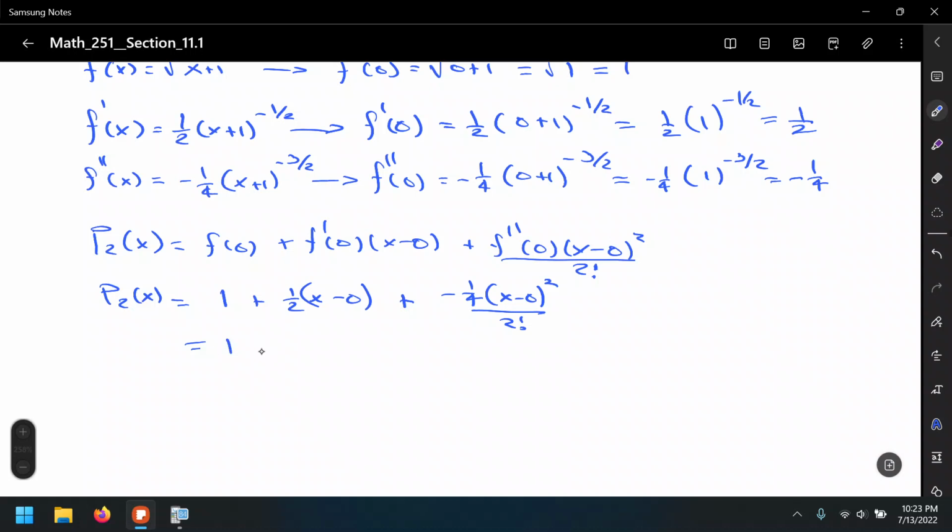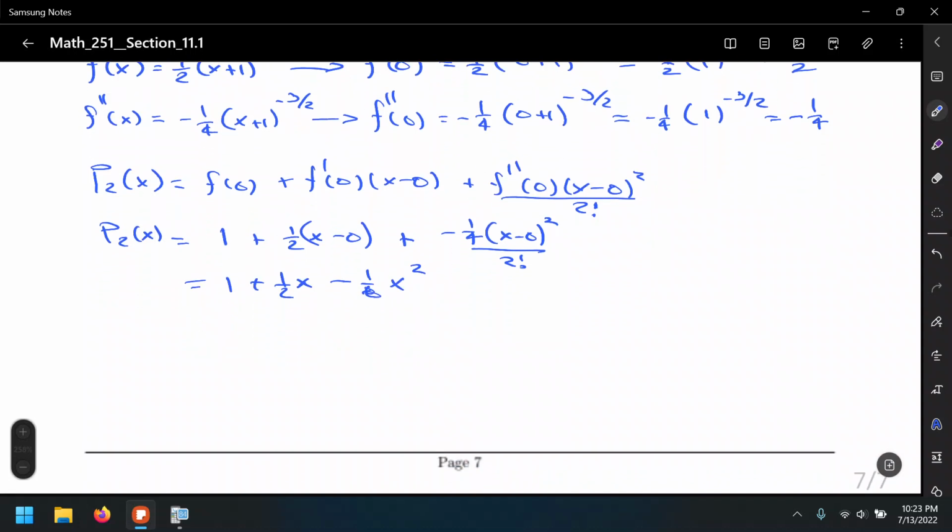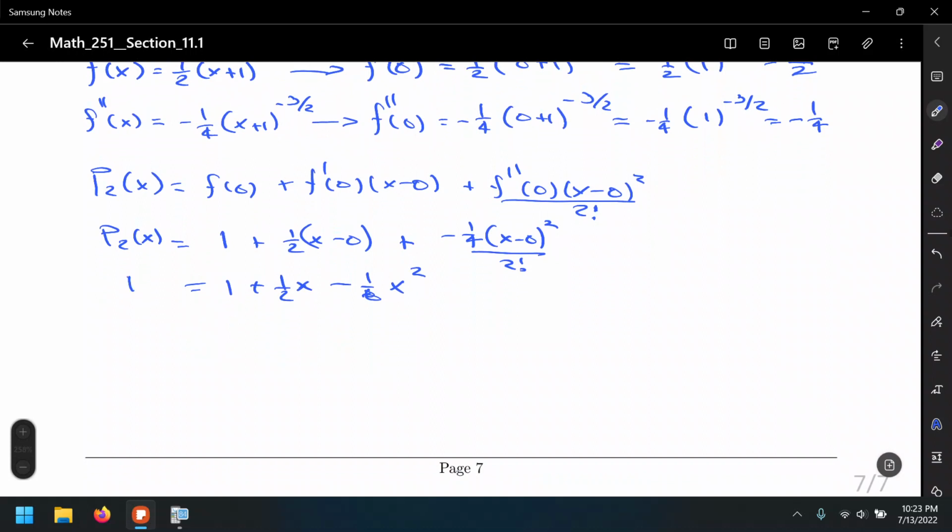We're going to get actually the same approximation: 1 plus 1/2 x minus 1/8 x squared. That's p sub 2, the second degree polynomial, the second degree approximation.